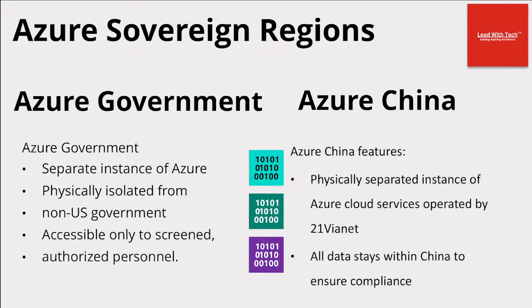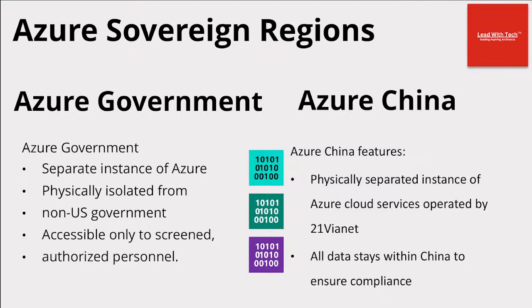Same with Azure China, where it's again a separate instance in China, and any data created as part of Azure China always stays in China for compliance purposes. It's a separate architecture and design to ensure that if any integration is required from an external data center into Azure China, it is handled properly.